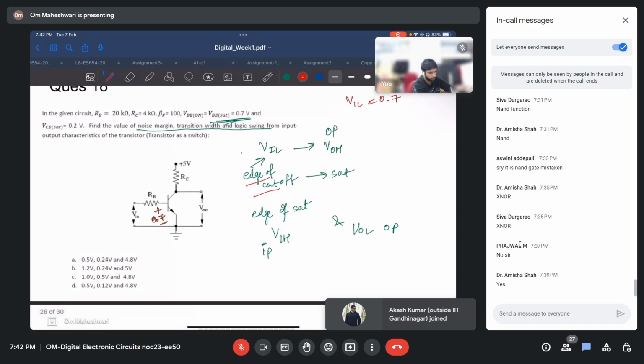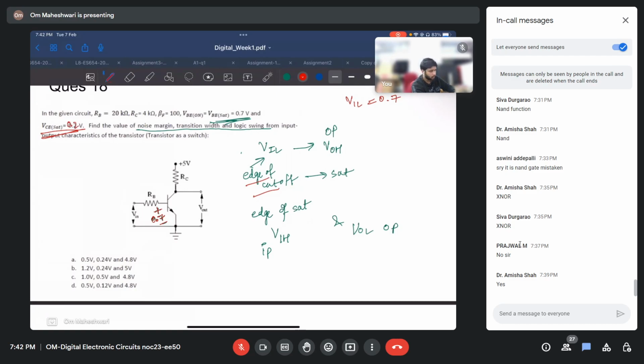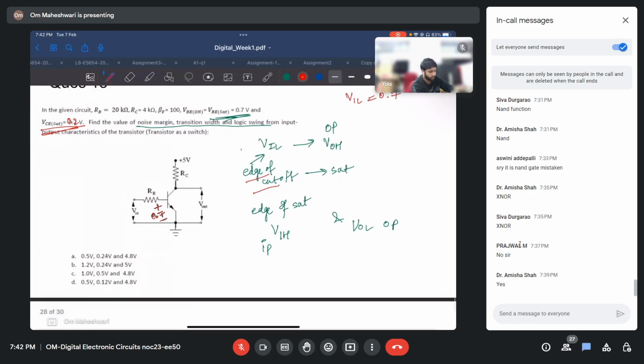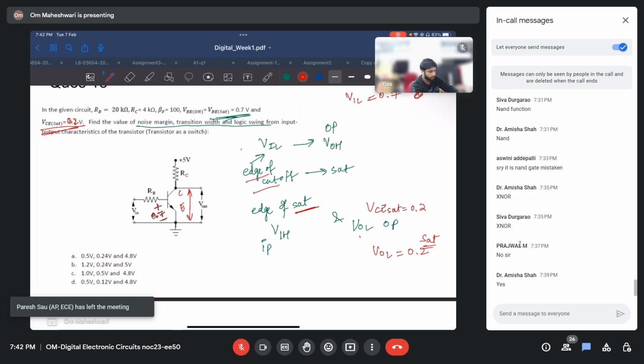One other thing that is given, VCE sat is 0.2. This part is the output, this is VCE. At the edge of saturation, we will have the output VCE sat equal to 0.2. That means VOL equals 0.2 at the edge of saturation.